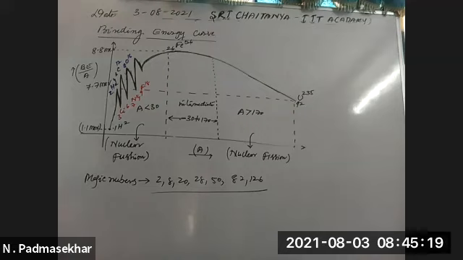Next point. The nuclei of mass number A less than 30 are called lighter nuclei.